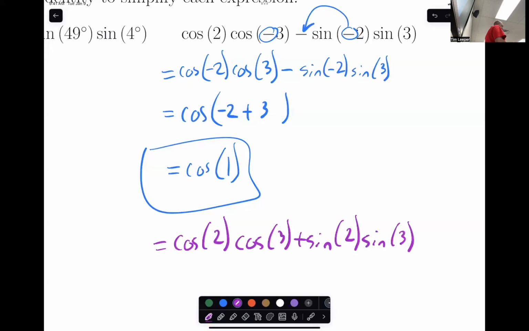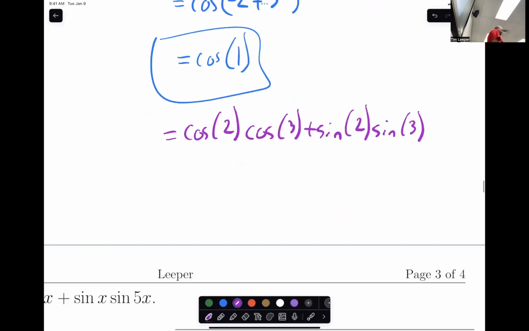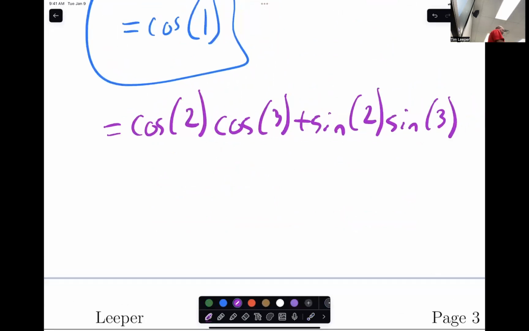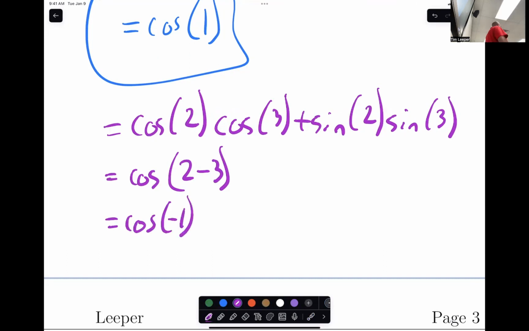See how I'm getting the arguments the same? And so down here it would have been simply the cosine of 2 and then -3, because it's the opposite. 2 minus 3 is -1, right? Well, you're saying it's the cosine of -1, not the cosine of +1, right? But remember, cosine's even, so I can get rid of that negative, making that cosine of 1.